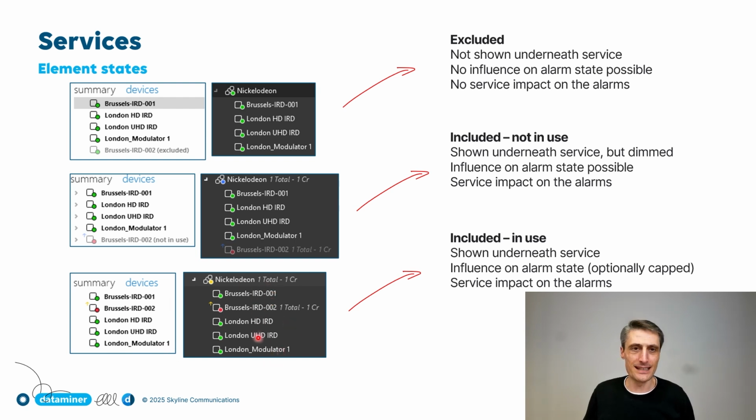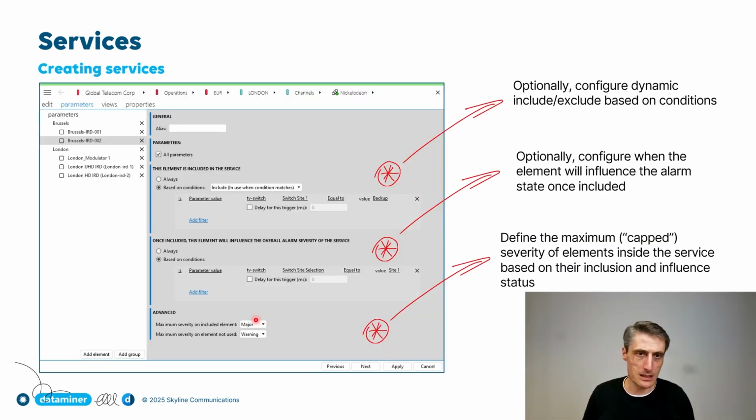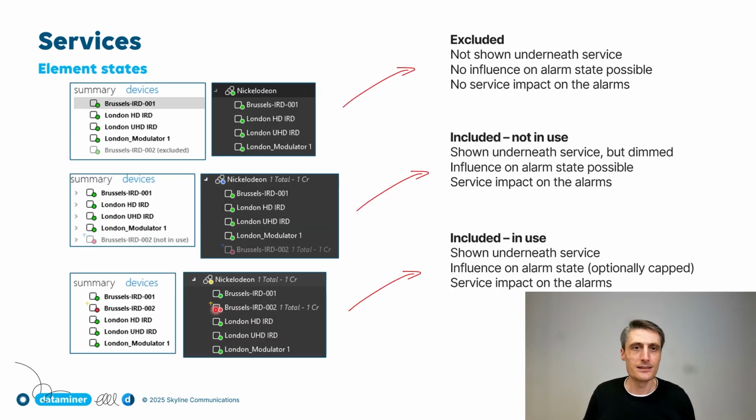Okay, but it is still possible to define, if I go back to one slide, that maximum severity on included elements was a major here. Let's take a look at that. The maximum alarm here is indeed a major that bubbles up to Nickelodeon. Even though my Brussels IRD here is critical, it only shows a major on that service.